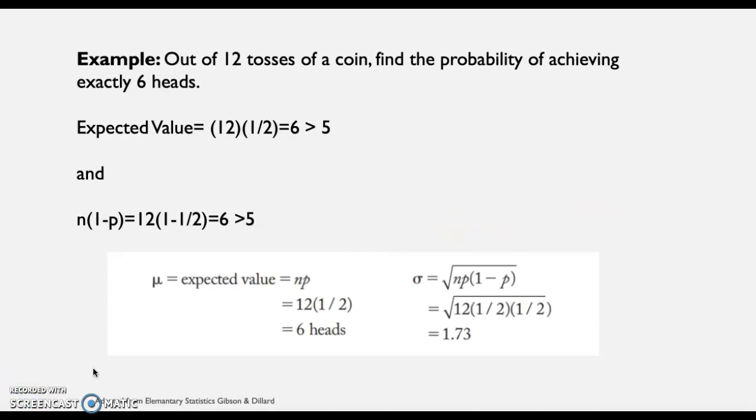Now, repeated samples of 12 will produce a sampling distribution approximately normally distributed, such that a normal curve with mean and standard deviation can be calculated with the formulas: the mean is n times p, which we already get as 6 heads, and the standard deviation is the square root of n times p times 1 minus p. n is 12, p is 1 half, and 1 minus p in this case is also 1 half.